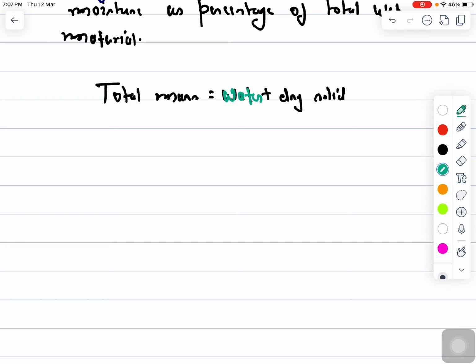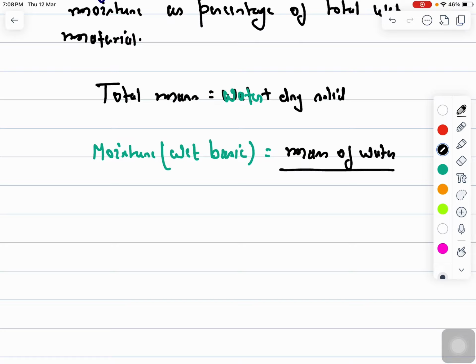So if you want to calculate moisture based on weight basis, that can be equal to the mass of water, right, divided by the mass of wet material, multiplied by 100, and that will give you the percentage moisture content. Is that clear?